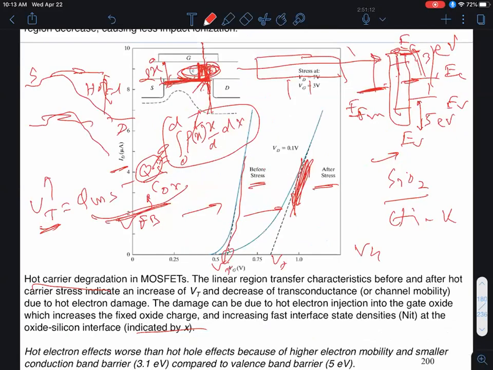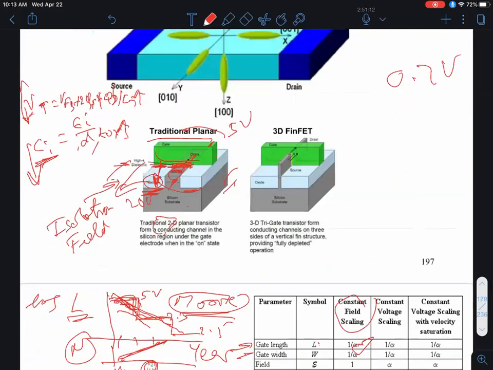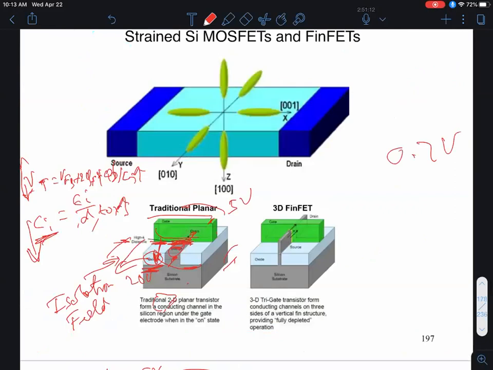Once I understand this, we can go back to this picture of advanced MOSFETs. Modern day MOSFETs have moved away from the bulk MOSFETs that we've been discussing so far. One geometry that's become very popular is a so-called FinFET, sometimes also known as a multi-gate MOSFET. You don't make the transistor on the bulk silicon substrate, but you etch a very narrow fin of silicon using plasma-based reactive ion etching, and then you have the gate wrapping around this channel from three sides.